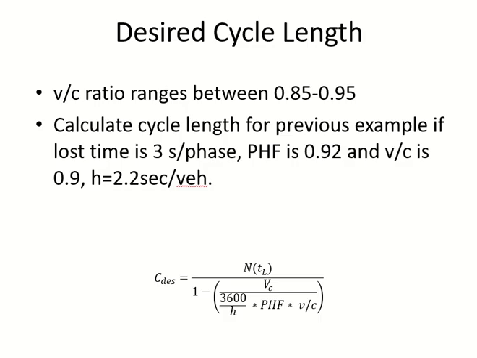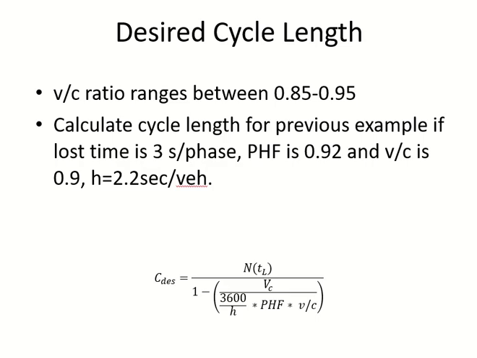Now a cycle has lost time as well. Lost time means time without movement. We have discussed 2 types of lost times earlier. I'm not going to go into the definition, but lost time means time in which there is no movement. Now, how much that lost time is, is given here.